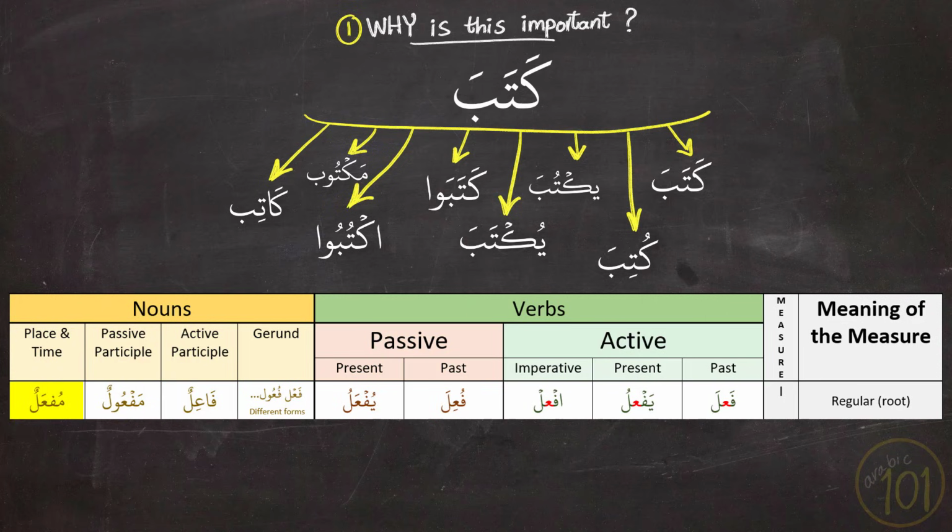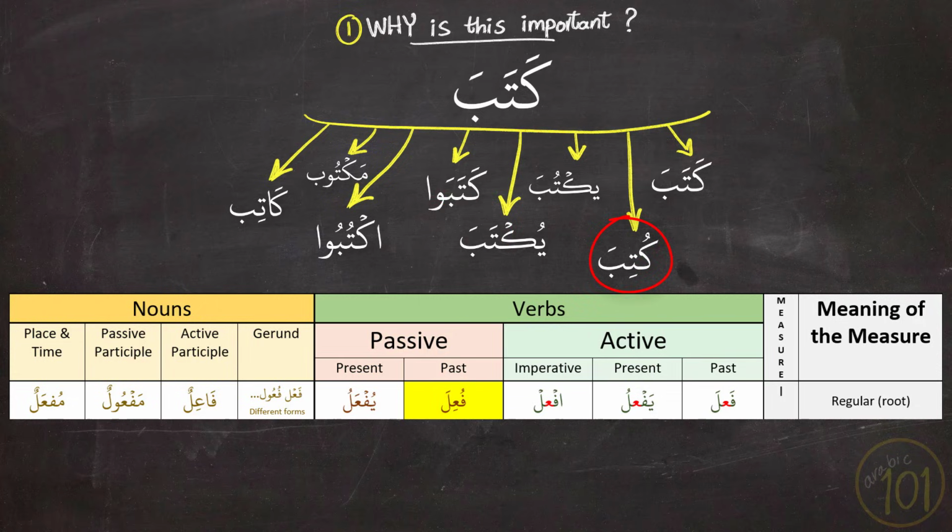So yaktubu is then the present, to write. Katabu is the past form, but with a suffix of the plural pronoun, as we've learned in Lesson 8. Katib is then the same verb, but using the active participle measure, so it would then mean writer.